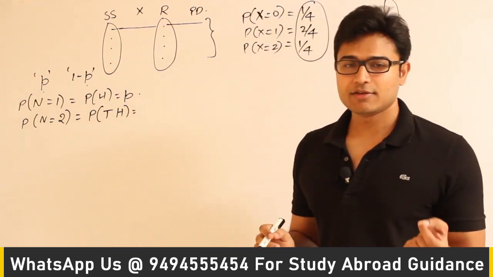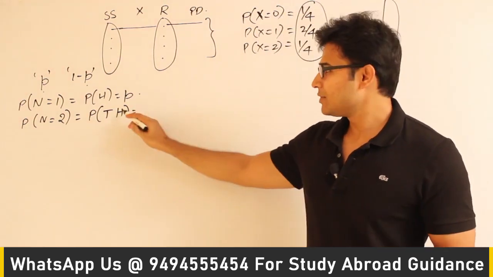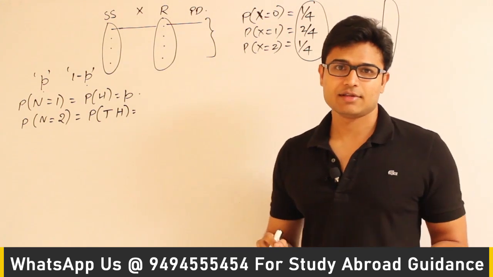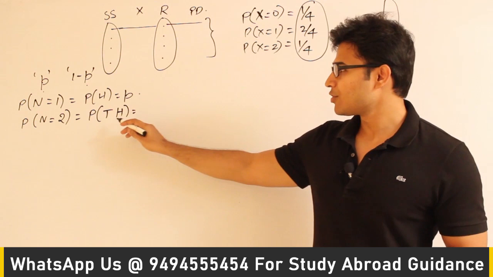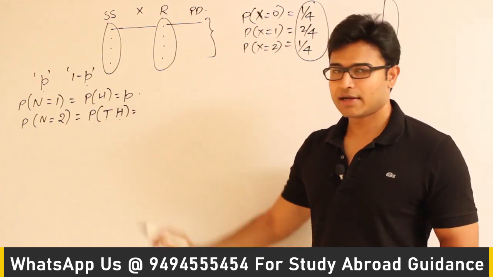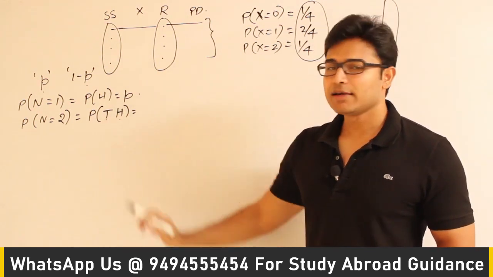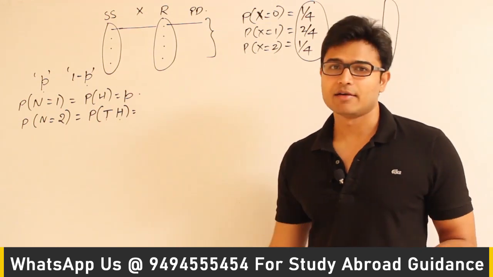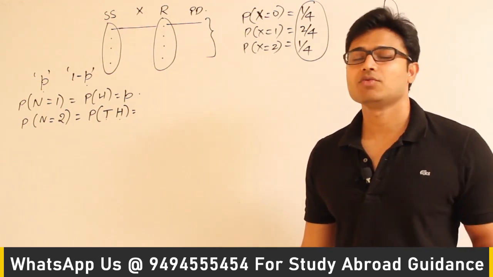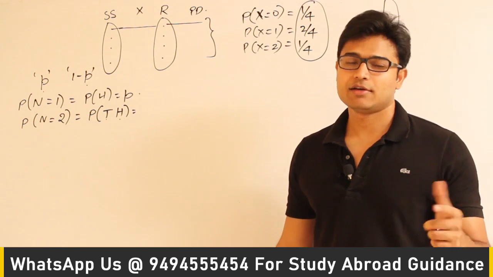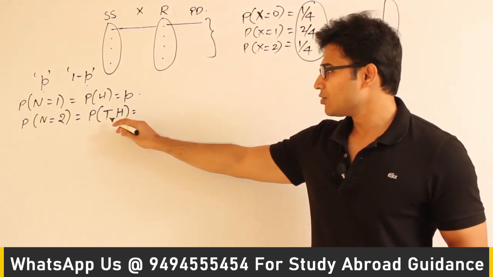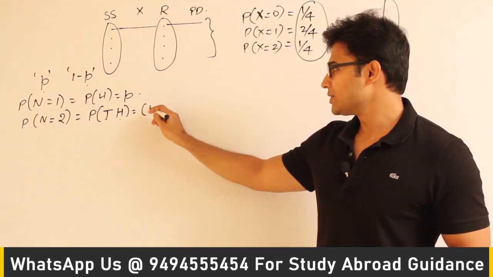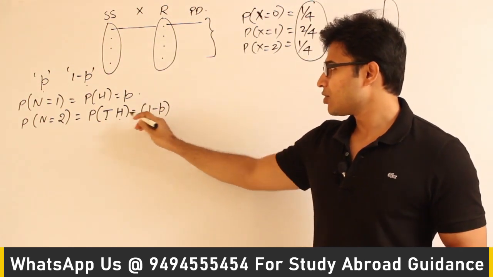And we know that these are independent events and it can be written as P of T intersection H, and since they are independent events we can multiply them, which means probability of getting a tail followed by a head equal to probability of getting a tail into probability of getting a head, because they are independent events. When I flip a coin 2 times, both times the outputs are independent, they are not going to depend, right? Therefore it is equal to probability of getting a tail, which means 1 minus p, into probability of getting a head, which is p.